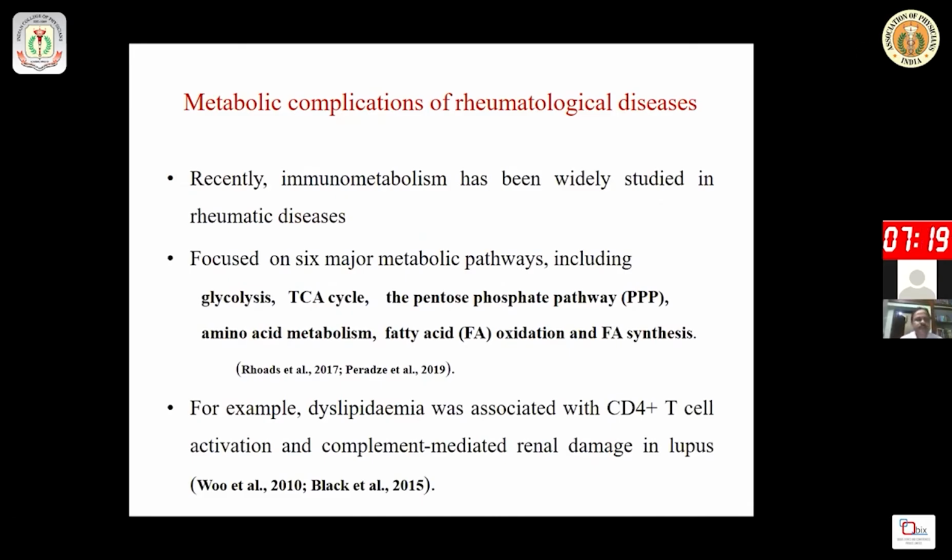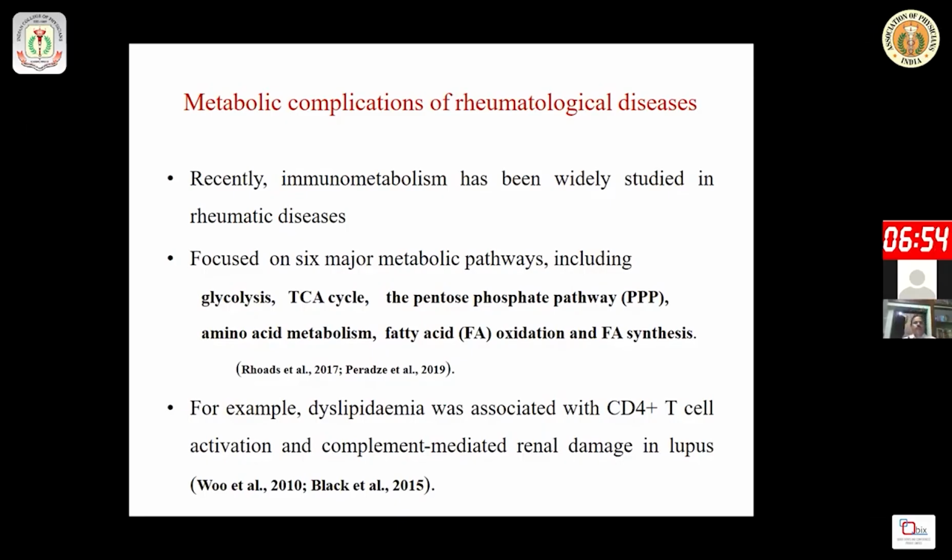Recently, immunometabolism has been widely studied in metabolic diseases. That study mainly focused on major metabolic pathways: the pentose phosphate pathway, amino acid metabolism, fatty acid oxidation, and fatty acid synthesis.